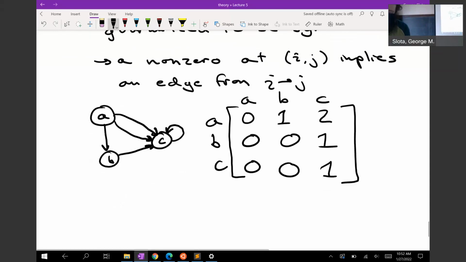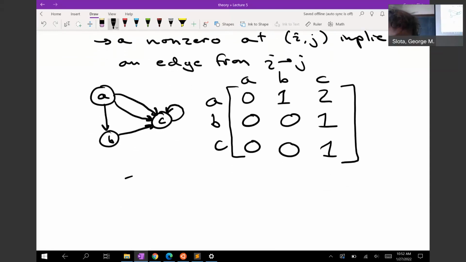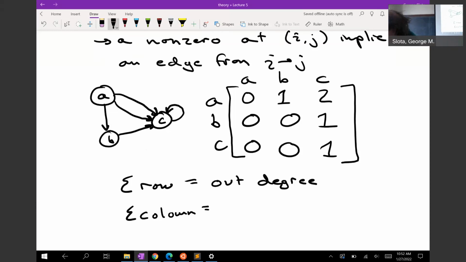A little bit of nuance here. Sum of a row gives us our out degree. Sum of a column gives us an in degree.